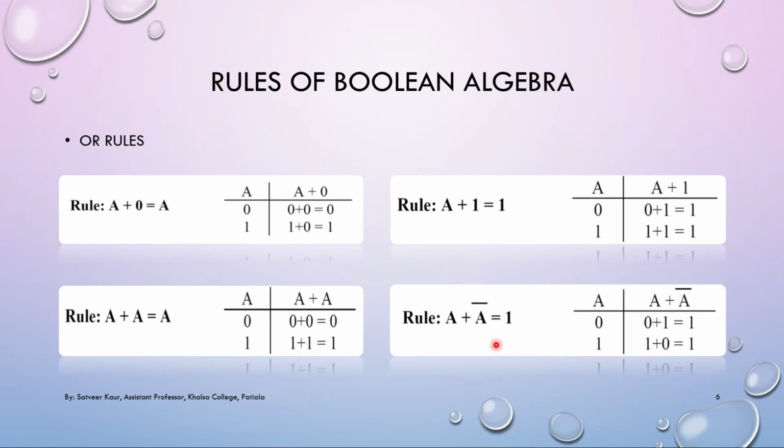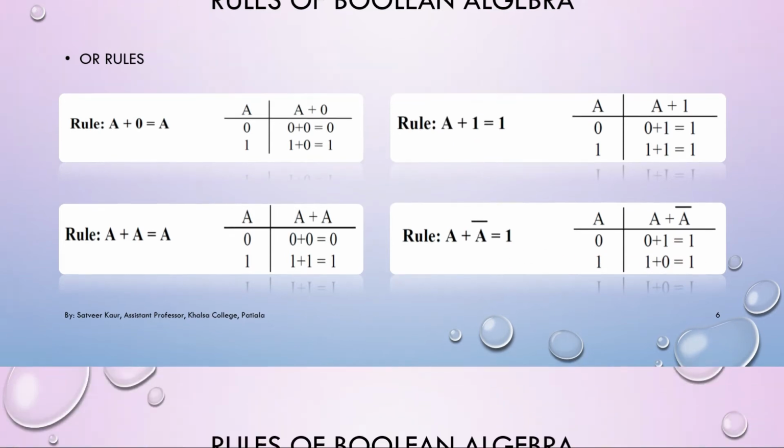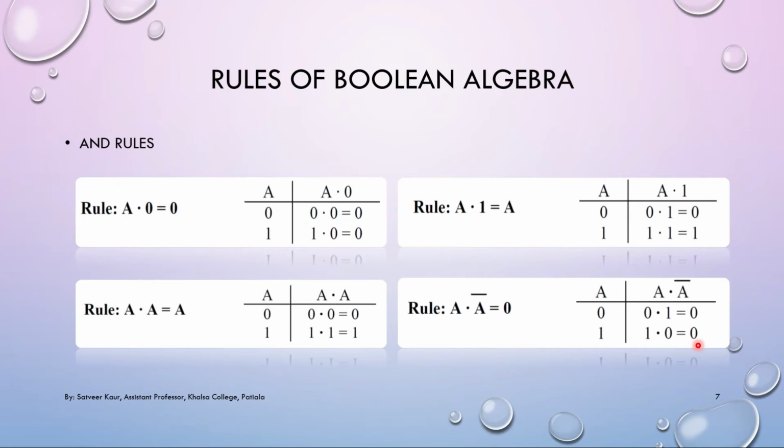And the last OR rule is A plus A inversion equals 1. If we perform the OR operation on any value and on its inverse, then the resulting output will be equal to 1. The next are AND rules.